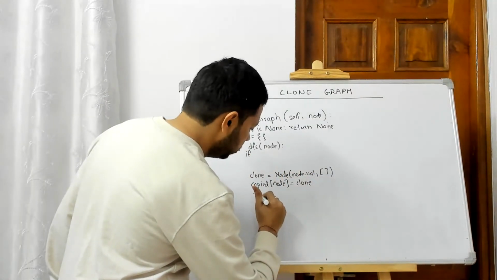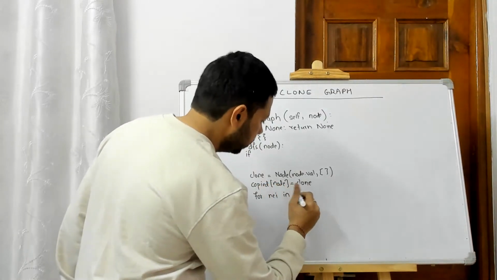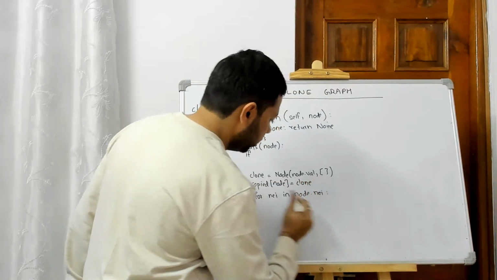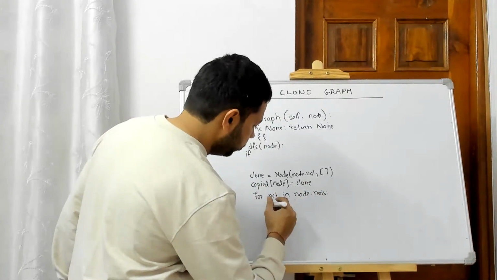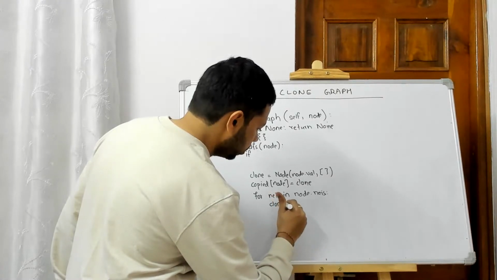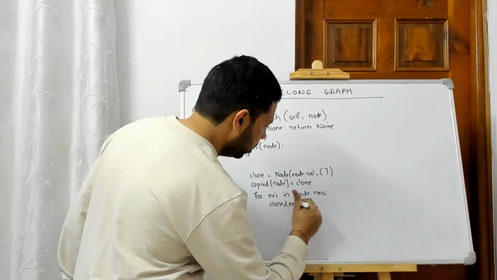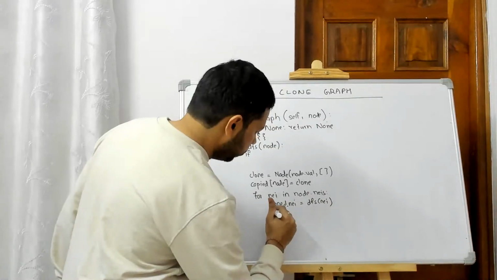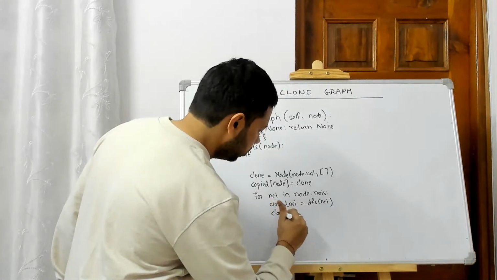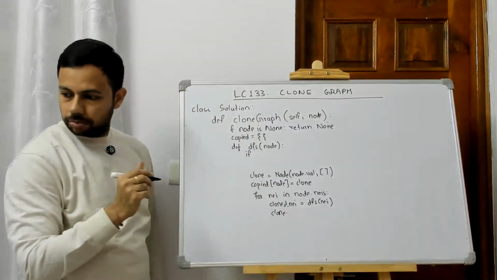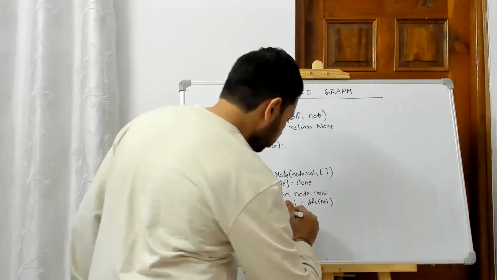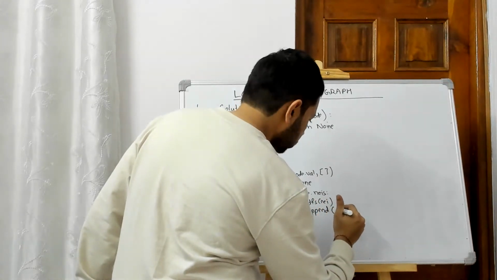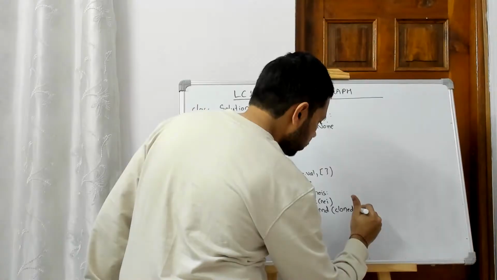So for neighbor in node.neighbors, you do clone neighbor is equal to DFS on neighbor, and then you do clone.neighbors.append(cloned neighbor).